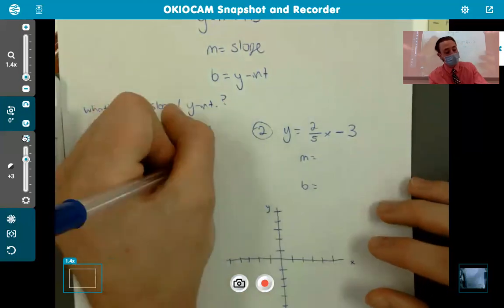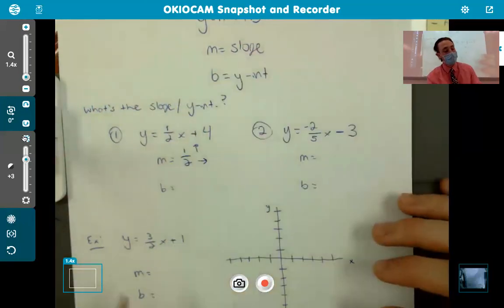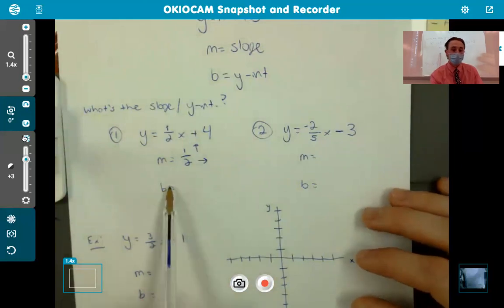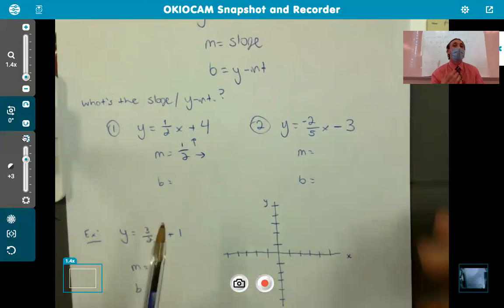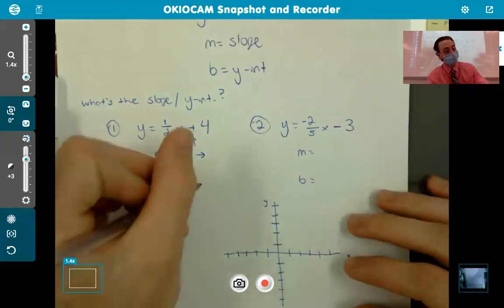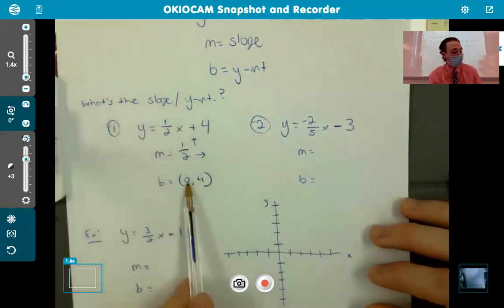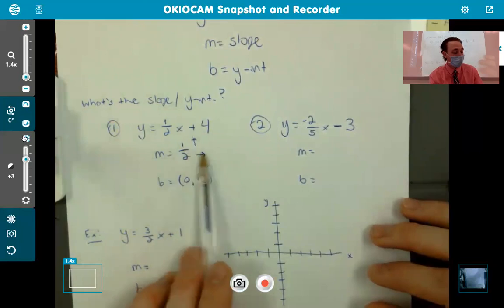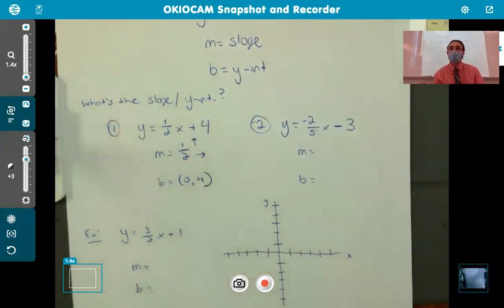So we'll go to the right 2, right? And then my y-intercept is what? 4. But how do I write that as a point? Remember we always made it a point? 0, 4. So it's where it crosses that y-axis. We'd start by plotting this point 0, 4, and then we go up 1 over 2, plot the next point, up 1 over 2, plot the next point, and we were able to draw our line from that.